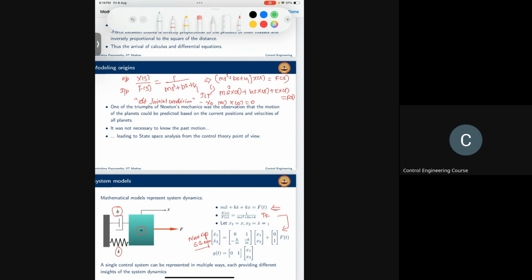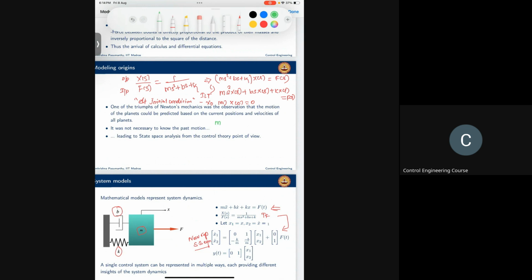So when you consider this ms square, this will be x double dot, and all the initial conditions x of 0, x dash of 0 go to 0, plus b into sX(s) will be x dot, plus k into x of t. I'm taking this x of t as a whole.